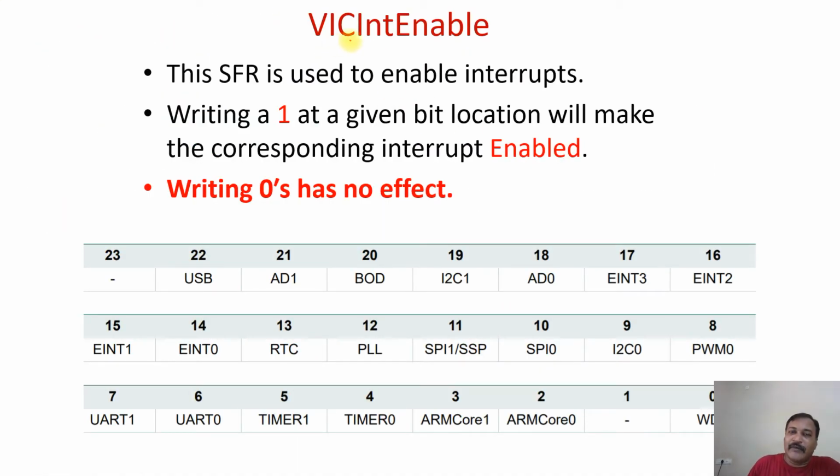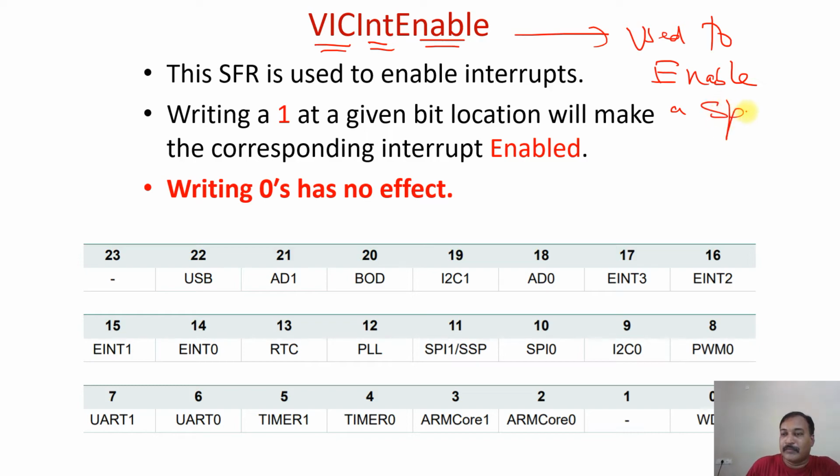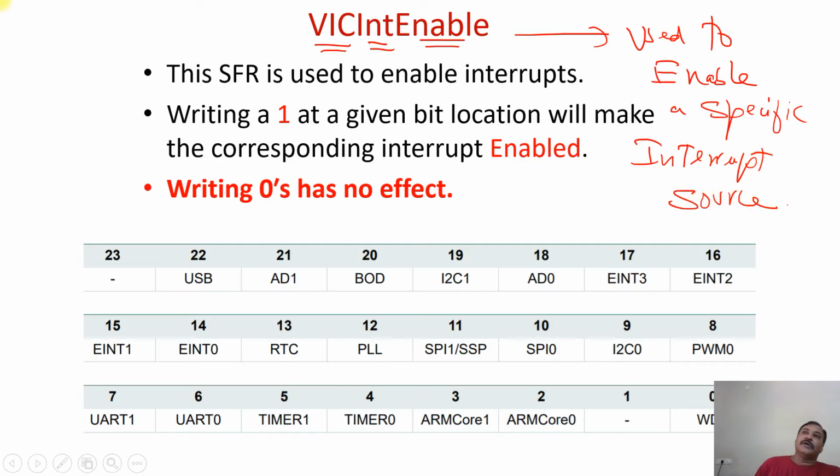First one is the vector interrupt controller interrupt enable SFR. What is the purpose? It is used to enable a specific interrupt source.